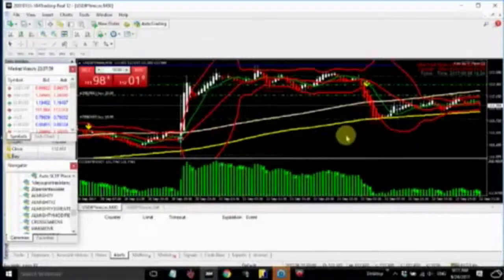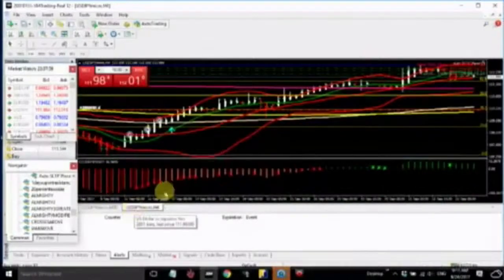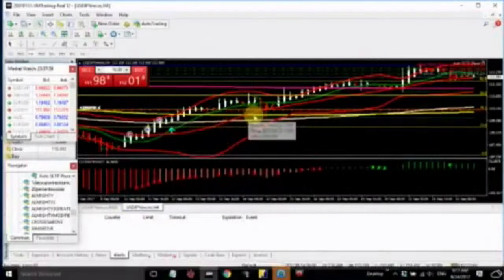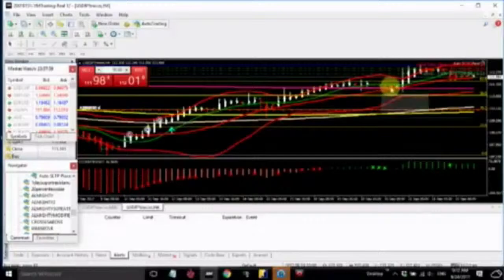So what you want to see, let me go to the 4-hour time frame, is that the price is above the moving average 200, and above the middle band of the Bollinger Band. This is a 4-hour time frame, very clean chart and clean movement.